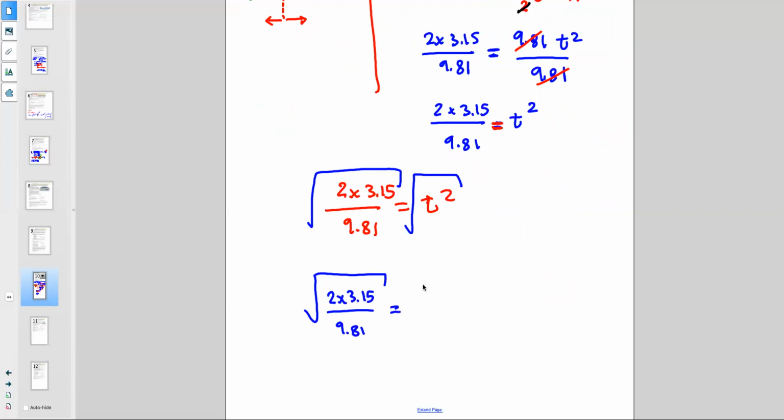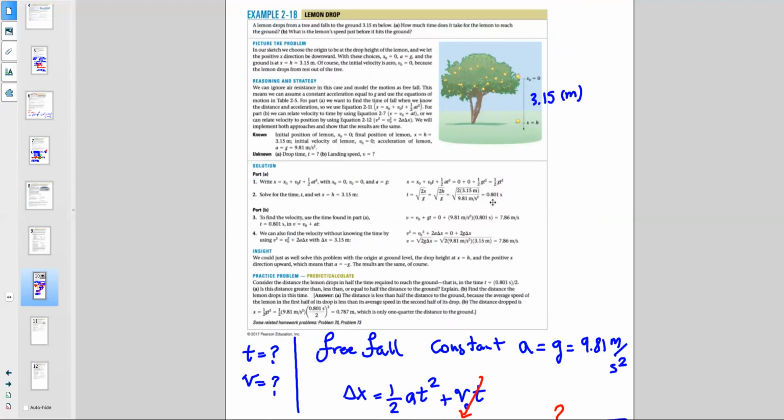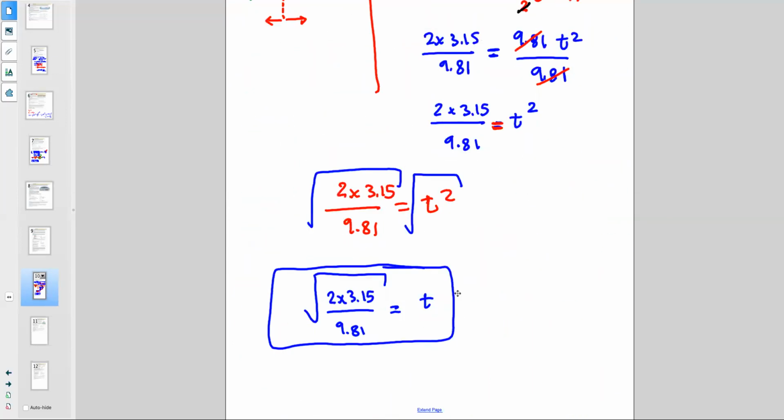On the right, you have the square root of t to the power of 2, which is just t. So I found t, simple as that. Put this in the calculator to see what you get. You should get something like 0.801. So t is 0.801 seconds.